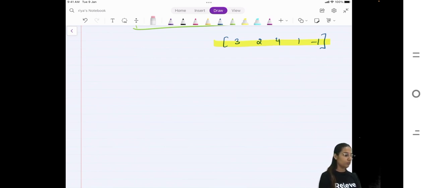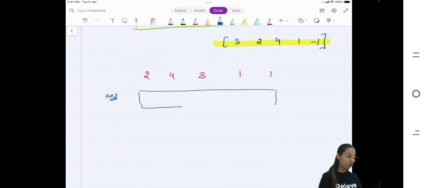Okay, so what we'll do is, let's say the input array is 2, 4, 3, 1 and 1. Now we're going to maintain 3 extra arrays here for some pre-processing. So there is going to be an answer array which will actually store the final answer for each and every query. Initially it will tell us the position of each element in the start.